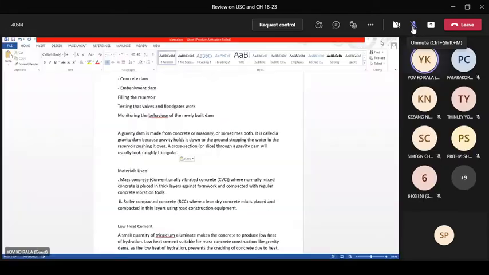Can you see my screen? Yes. So first I will be showing some pictures. It's not a picture, only alphabet. No, the pictures of the dam. Where's the picture of the dam?